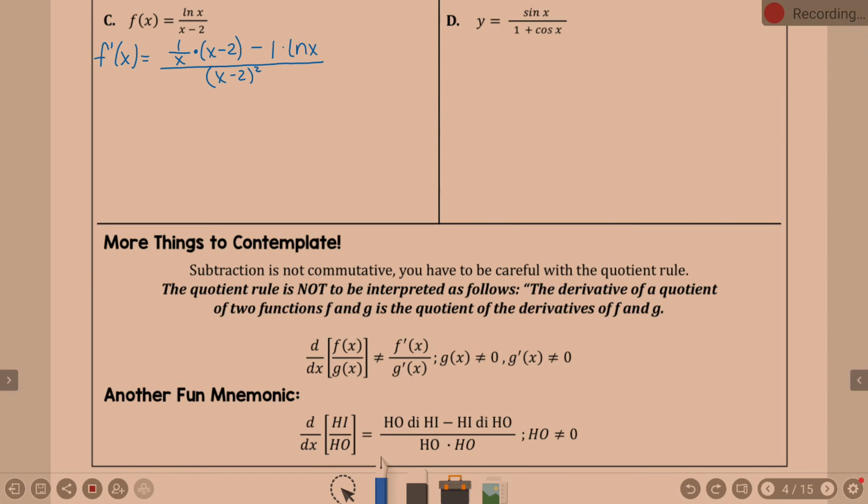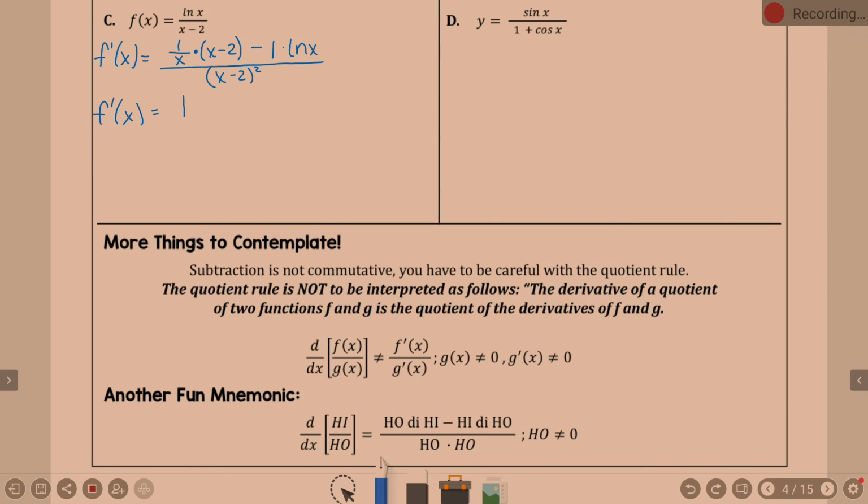Let's see, I think I'll have you go ahead and distribute the top. What is 1 over x times 1? Is that what I said? Yeah. Okay, let me try that again then. What is 1 over x times x? 1, yes, because the x's cancel.